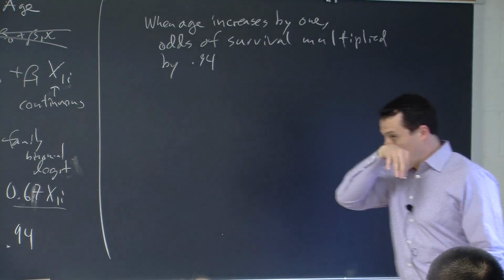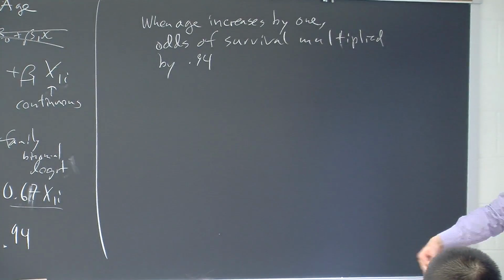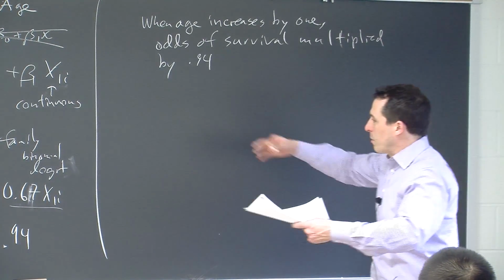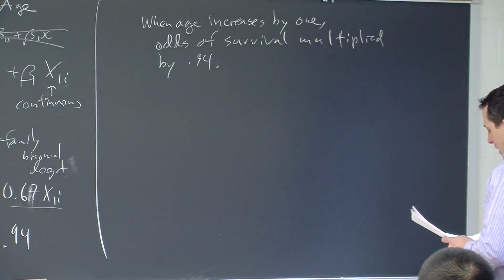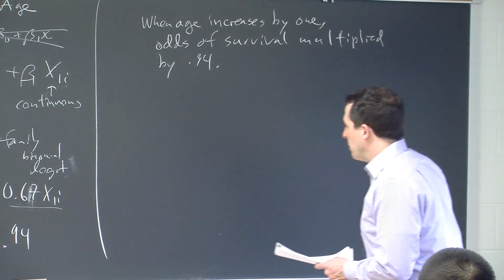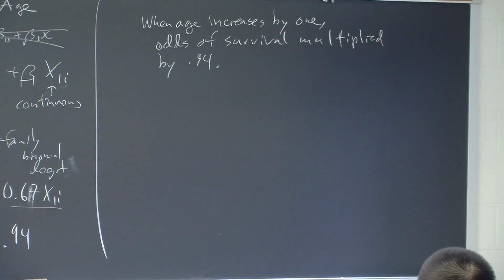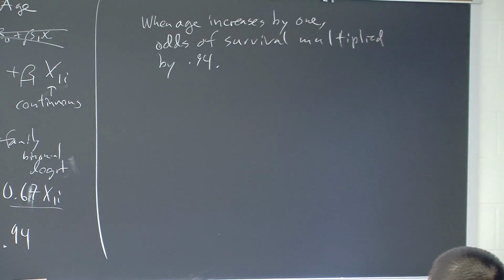Of course, multiplying odds by a number less than 1 means the odds are going down. So the odds of survival are going down, so we're becoming more likely to die. That's the interpretation. And then when we put in the other factors, we're going to split that number up and try to adjust that number.